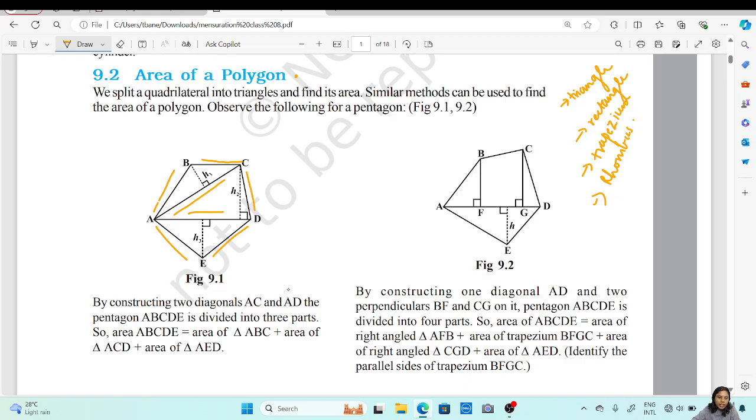So the area of that pentagon is basically the area of ABC, this part.